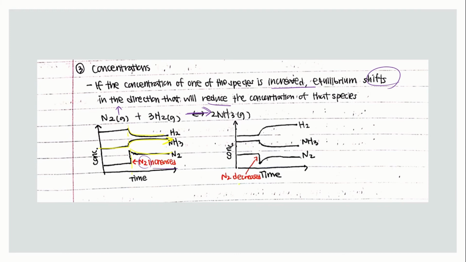However, if N2 is decreased, equilibrium will shift toward the reactants to make more of the reactant that was removed. So we see that both of the reactants are increasing because equilibrium shifted toward the reactants, and the product ammonia is decreasing.